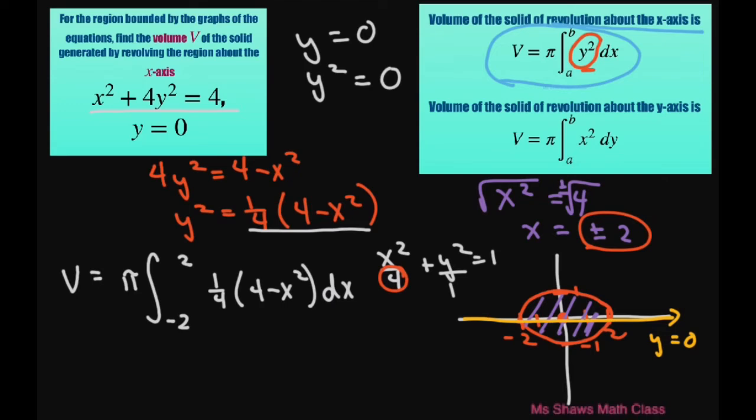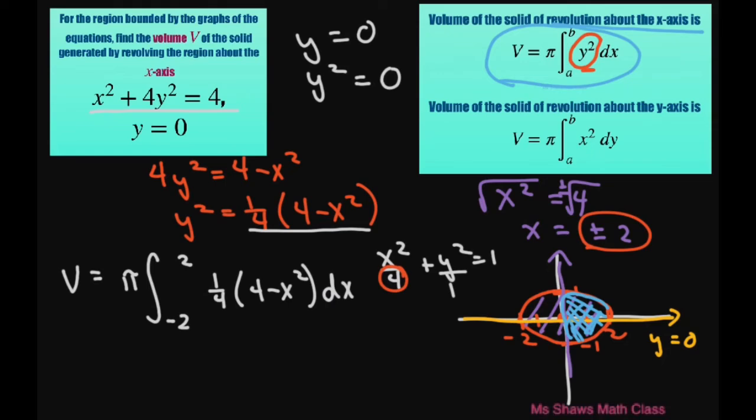Since we're going from negative 2 to 2, we can notice that it is symmetric about the y-axis. So instead of going from negative 2 to 2, I could just do this part by multiplying whatever I get for this shaded region by 2. And it makes it a little easier.